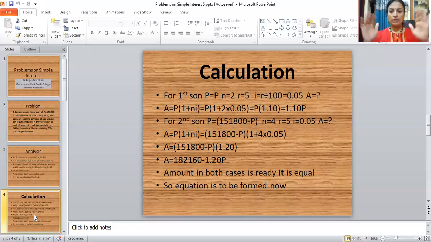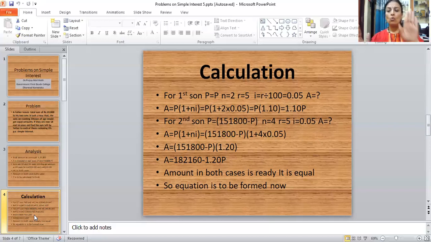Now let us consider the younger son's case. Here P is equal to 1,51,800 minus P. Let us keep it in one bracket, and in another bracket 1 plus Ni. N is 4 years, I 0.05. If you multiply 4 into 0.05, it becomes 0.20.